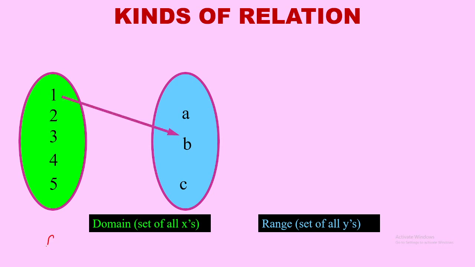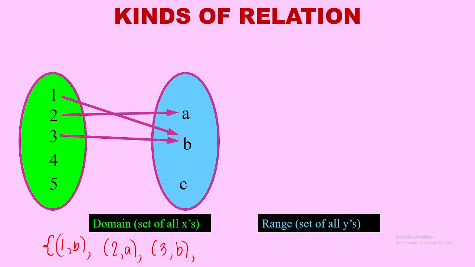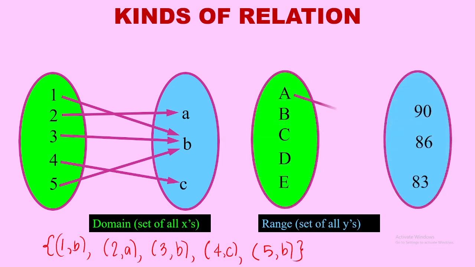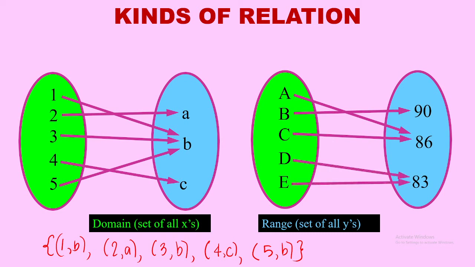So I have here 1 and B. I have 2 and A. I have 3 paired with B. I have 4 paired with C. And I also have 5 paired with B. The same thing as my second example: I have student A whose grade is 86, student B whose grade is 90, student C again whose grade is 86, D and E having the same grade, which is 83.